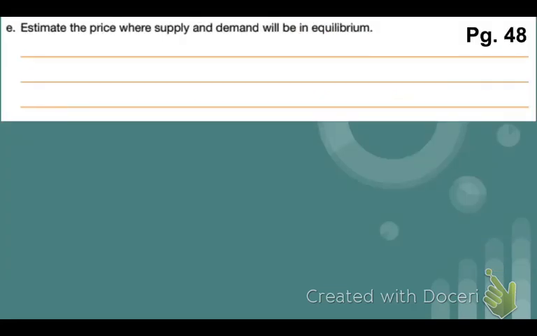The last part says, estimate the price where supply and demand will be in equilibrium. What does it mean to be in equilibrium? They meet or they're equal? Yeah, so they're equal. Where they meet. What word have we been using when we talk about where two lines are meeting?